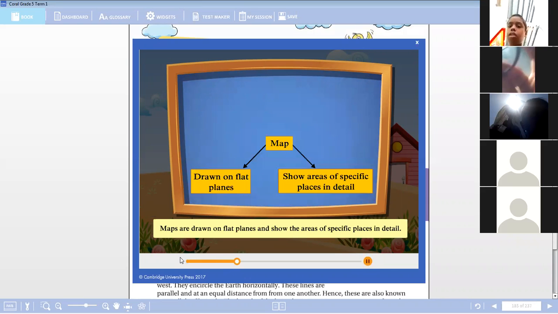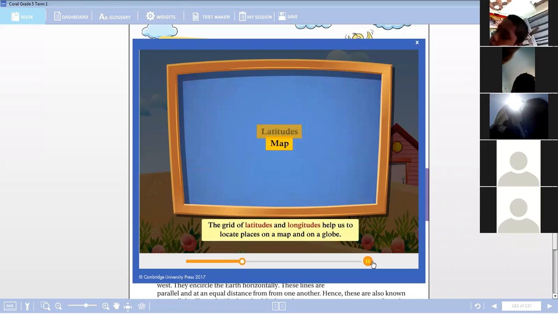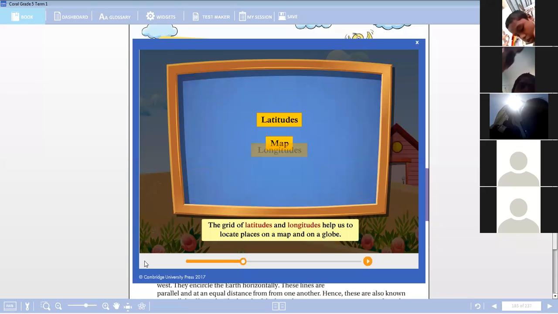Coming to maps, maps are drawn on a flat surface and show the areas of specific places in detail. That's why maps are more useful than globes, children. It is easy to carry. The grids of latitudes and longitudes help us to locate a place on a map. Yes, children, these imaginary lines help us to locate it.